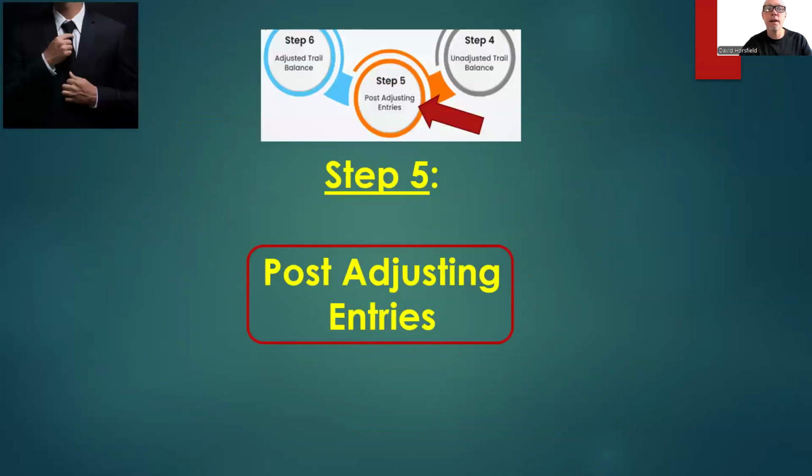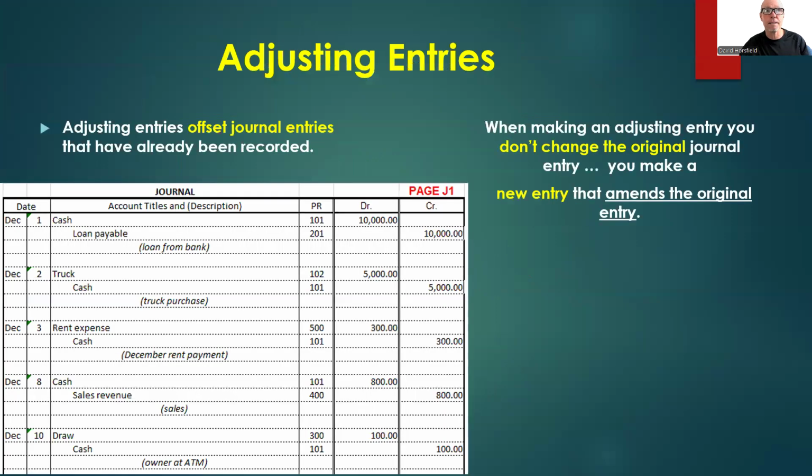So we're at the stage where we need to create and post and recognize some adjusting entries based on what's been going on so far. And the word adjusting, right, that is related to our trial balance unadjusted. So we're at the stage here where we're going to make some adjustments coming out of that trial balance.